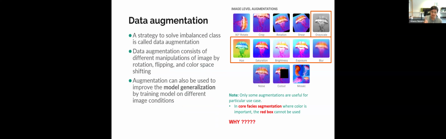But some techniques are not applicable to some tasks. In this task, if we are talking about segmentation, we cannot use several of them. Why? Because in segmentation, we need to define objects or cores or little facies between different colors, right? So if we shift the color maybe darker, it will make your model confused.